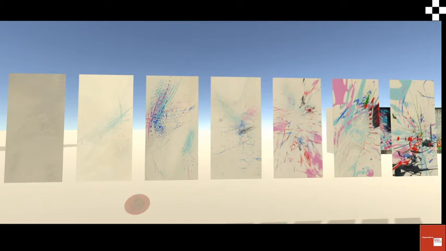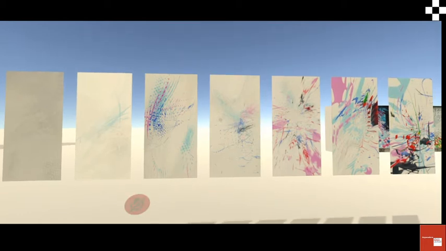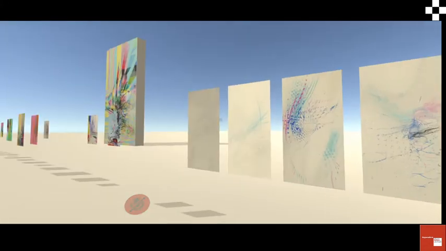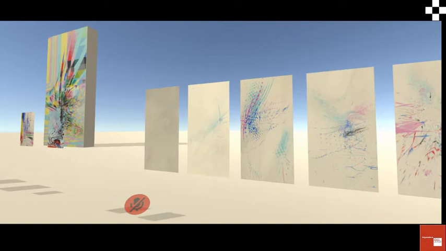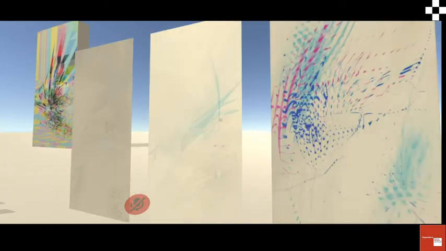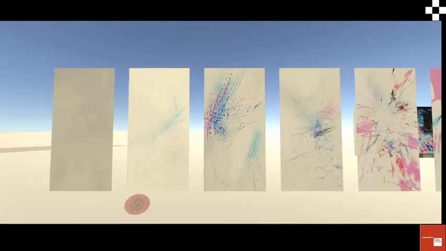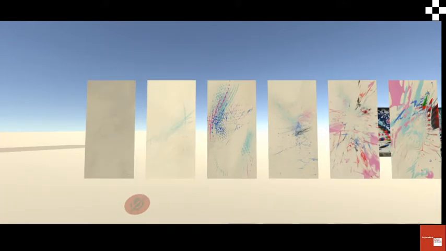Here there's 8 canvas. On each is 1 layer more. First is pure white. There is one with cyan. Next one has magenta. No, I think I made a mistake.